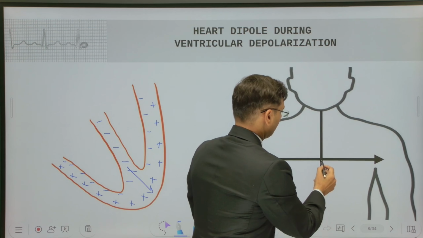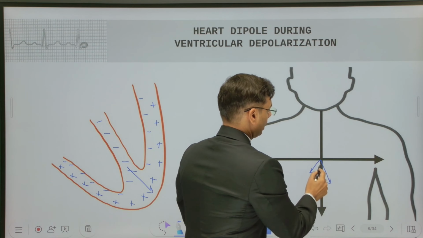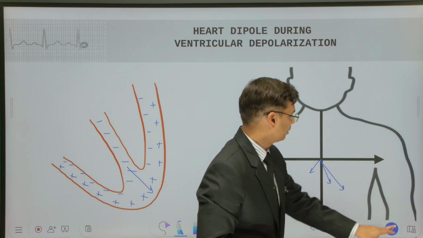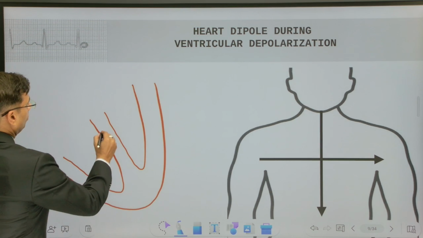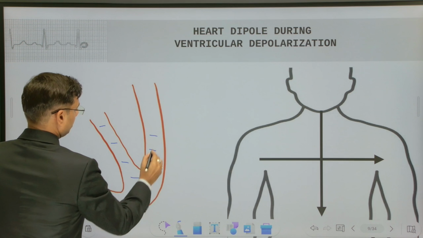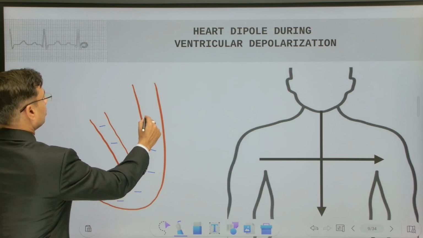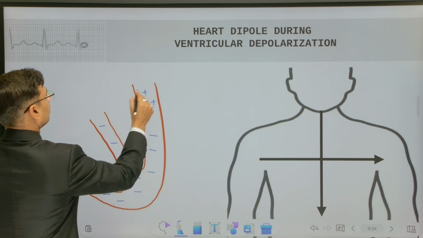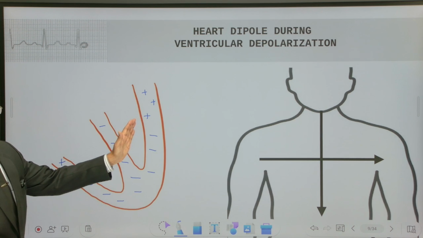So this vector, who initially was in this direction, gradually was in this direction, it is increasing in this direction. If depolarization continues, we can say most of the ventricle got depolarized, but the bases are still at the polarized state. So we can say a vector pointing toward this side is there.